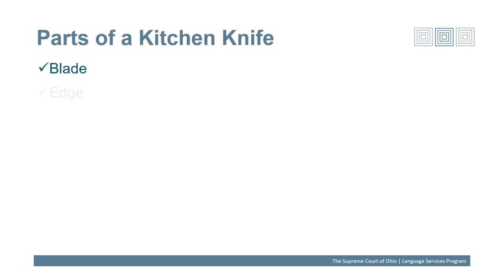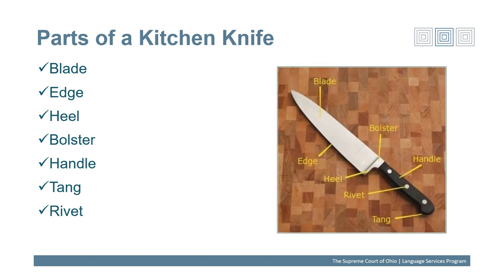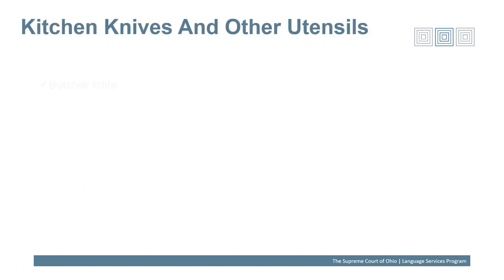If we're talking about a kitchen knife, the parts would be the blade, the edge, the heel, the bolster, the handle, the tang, and a rivet. Kitchen knives and other utensils can also serve as weapons, so here are a few more terms interpreters need to know.